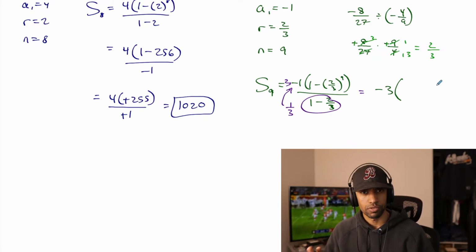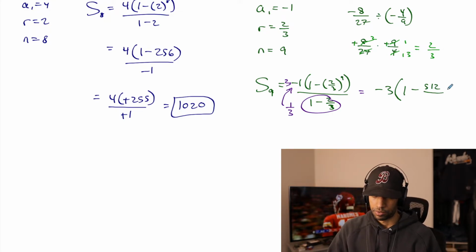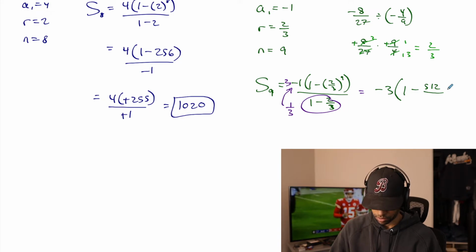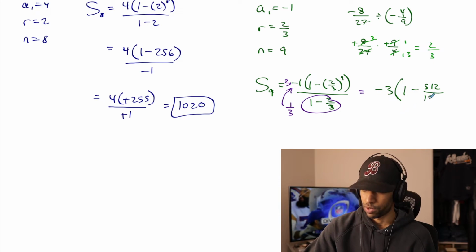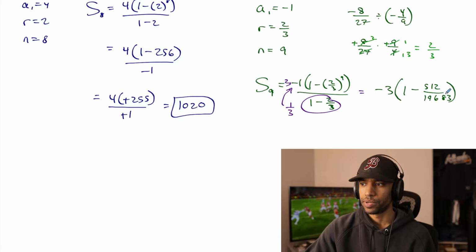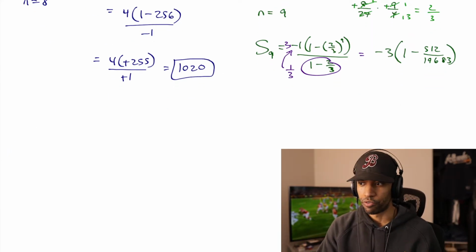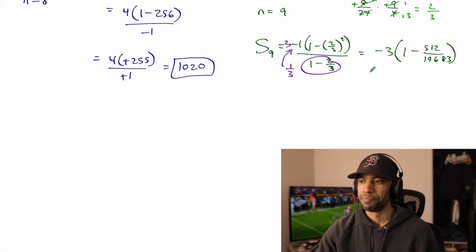2 to the 9th was 512. So 1 minus 512 over 3 to the 9th, which is 19683. Now, I want to give you a heads up: this can't reduce. If 2/3 couldn't reduce, then multiplying by 2 over and over on top and 3 over and over on bottom shouldn't be able to reduce either.